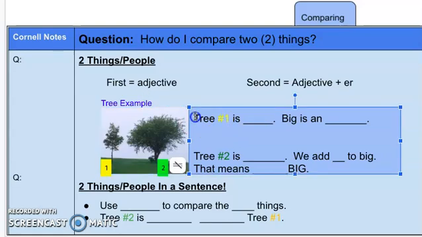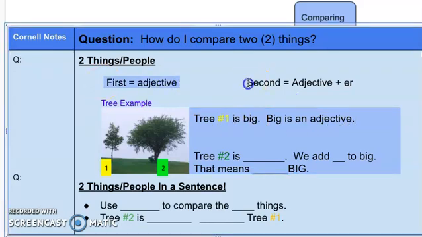So let's type. Tree number 1 is big. Big is an adjective. So there we go. We have an adjective for our first tree. Now we have to look at the second tree. Okay, here is tree number 2.